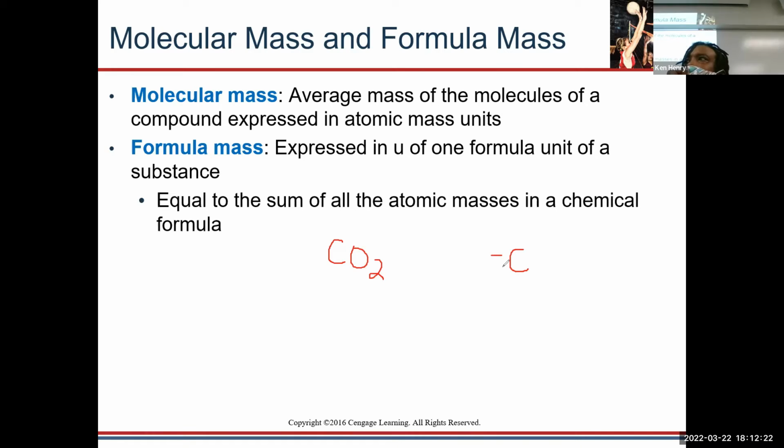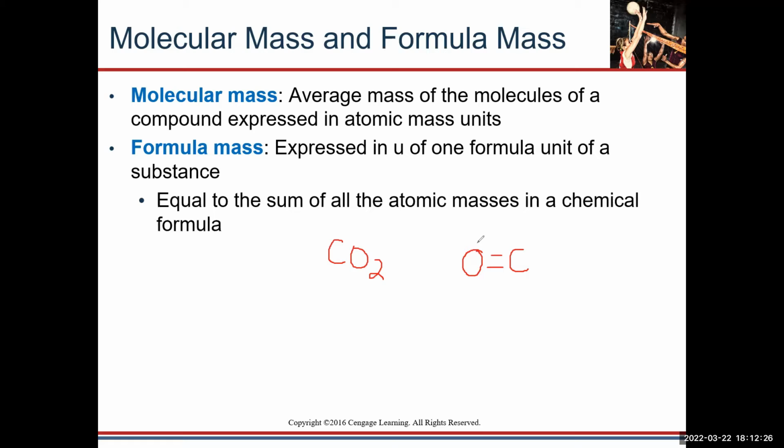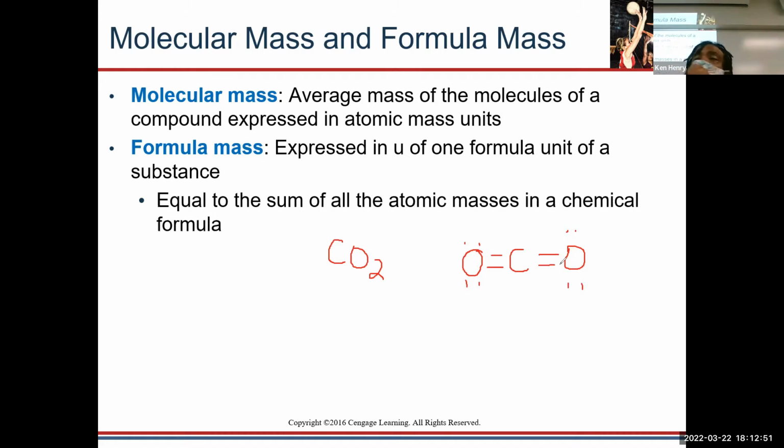And we know that everybody's going to try to have 8 valence electrons around them. Okay, so we know that these electrons are being shared. That's the whole concept of being covalent.